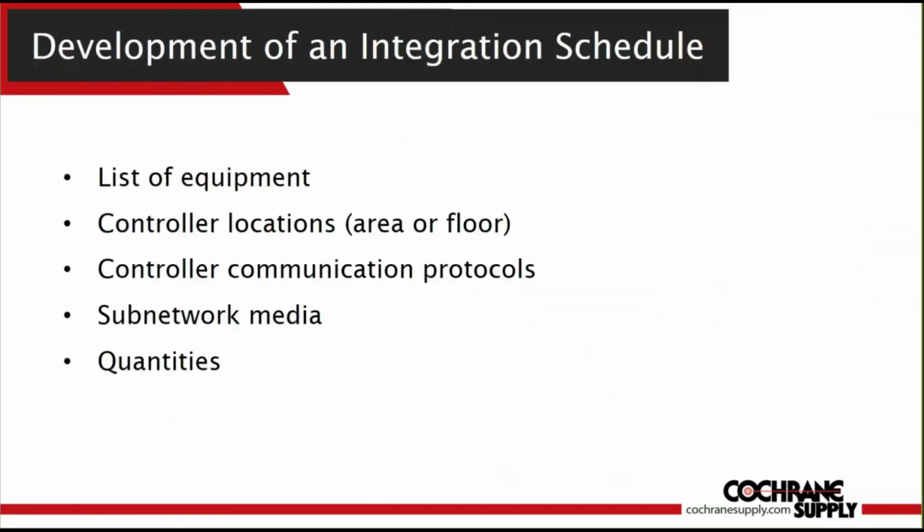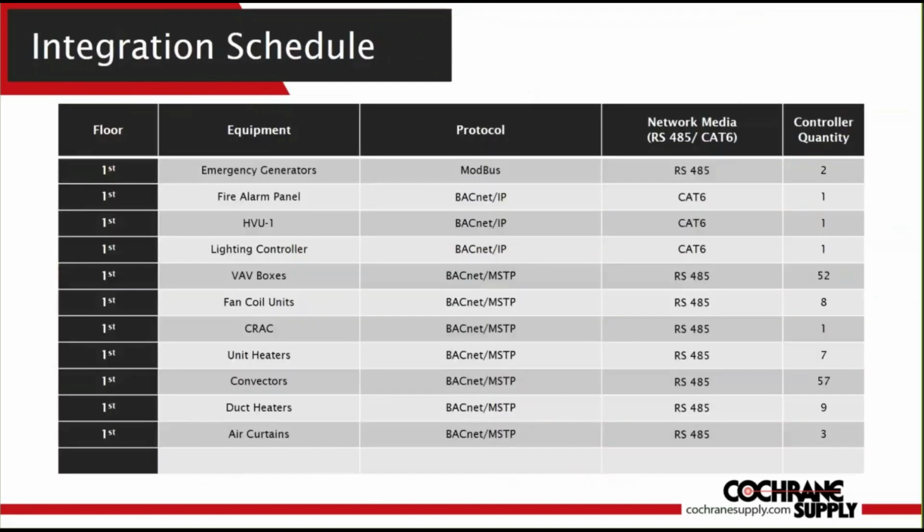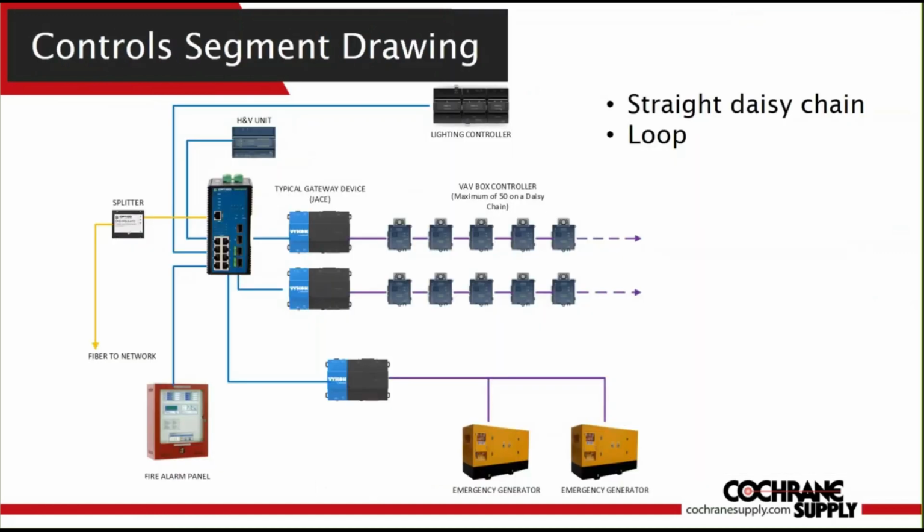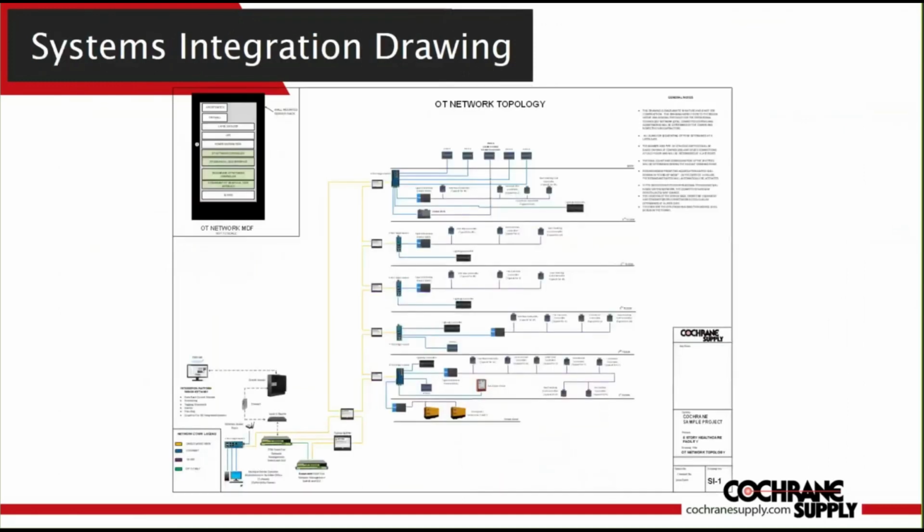We figured out what our first floor looks like when we look at a schedule. Now we're looking at the first floor. So we've got one of our segments designed and laid out. And this is what we're looking at as far as an overall topology for our 5-story building.